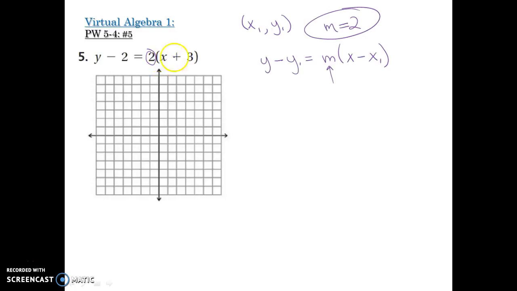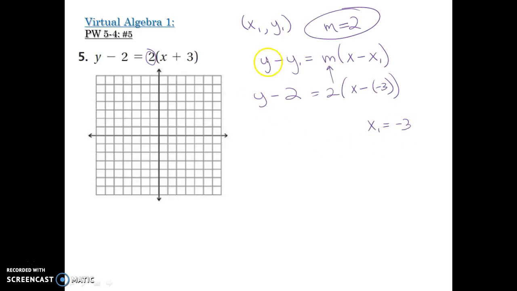So let's see, x plus 3 is the same as x minus negative 3. And then we have y minus 2 over here. So that tells me that my x1 is, so I got x minus x1, x minus negative 3, so my x1 is negative 3.